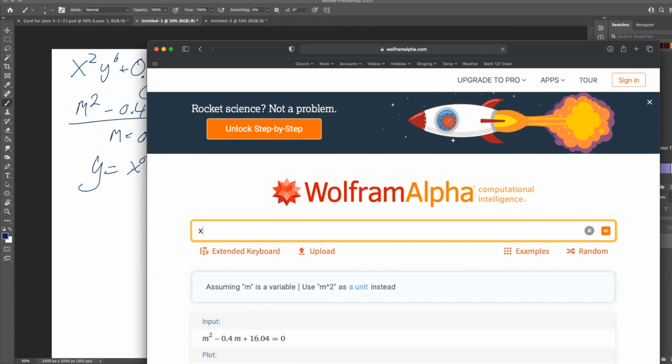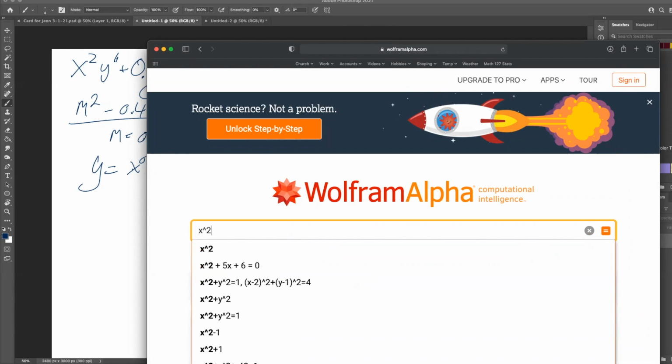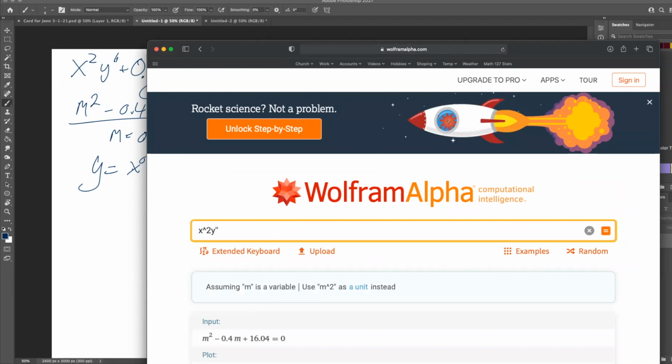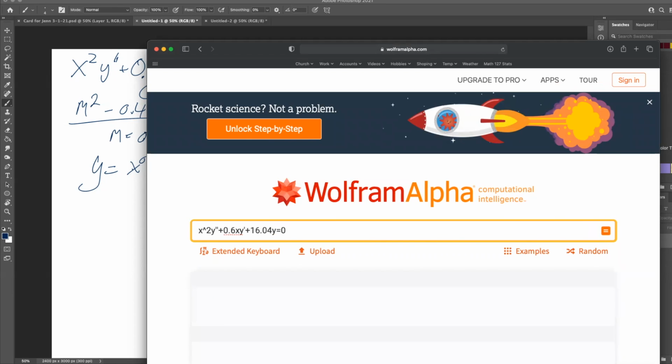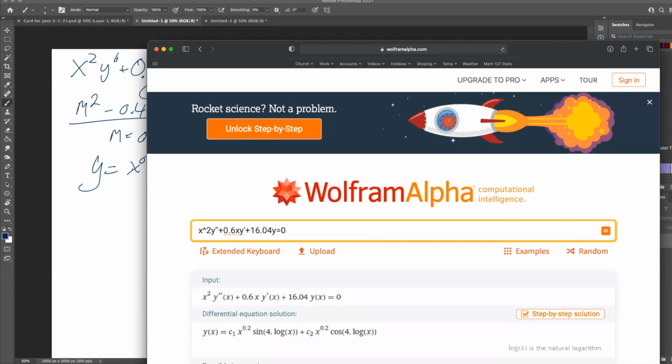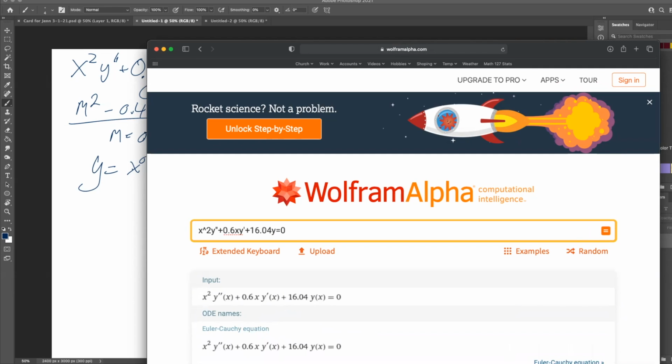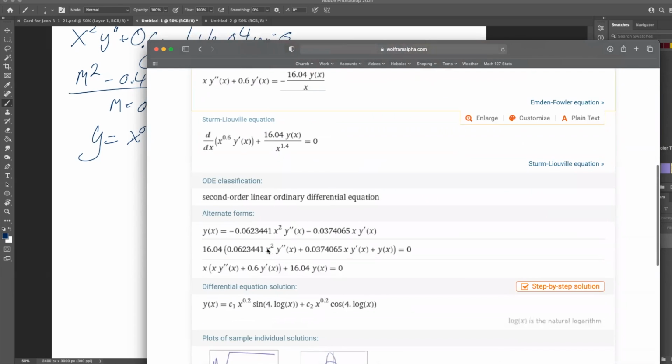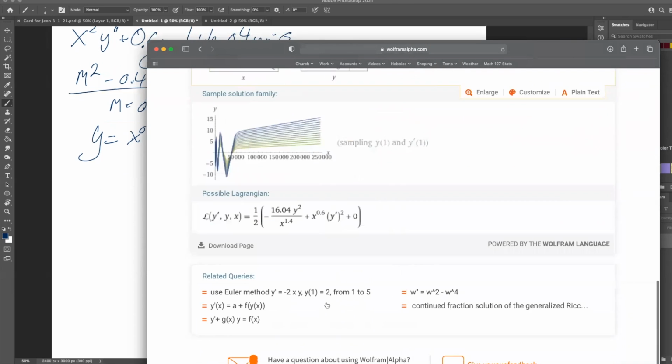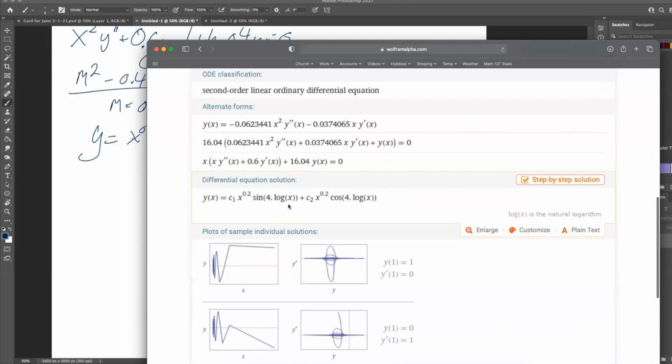Now, do I even need to do this? Somehow I don't think so. Here, if I type in y squared... I'm probably going to be sad if this works as well as I hope it does. Let's find out. Where'd it go? I know I saw it. Yeah, here's the solution.